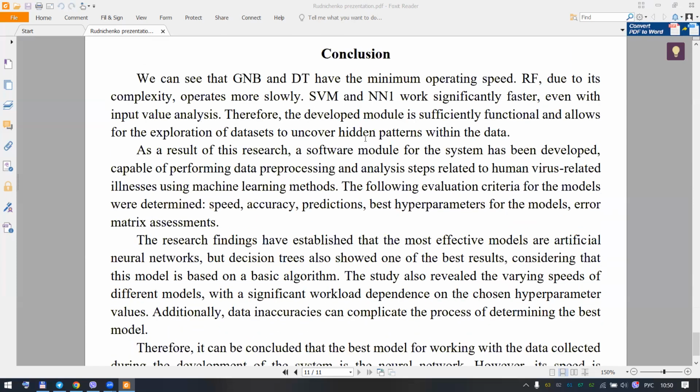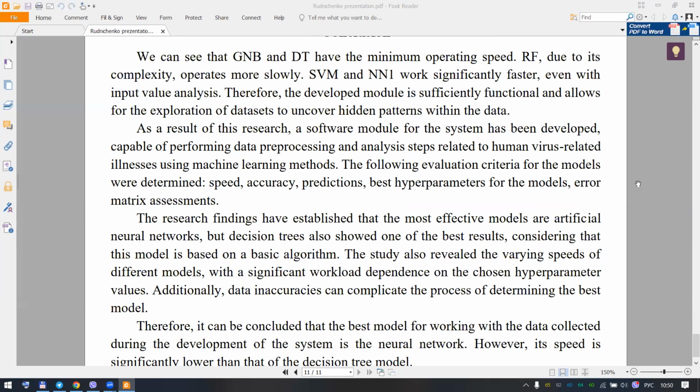As a conclusion, we can say that naive Bayes and decision trees have the minimal operating time. Random forest, due to its complexity, operates more slowly, but the quality is higher. Therefore, the developed model is sufficiently functional and allows us to explore data sets to uncover hidden patterns, not only with our data that we collected, but also with different data sources and data patterns.